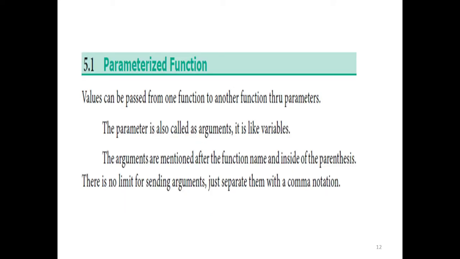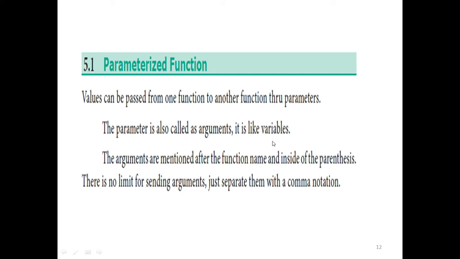Okay. Then, parameterized function. What is a parameterized function? A value can be passed from one function to another function through a parameter. Here we say variable, for example A or B, anyone. The parameter is also called an argument, which is what you write within the brackets.